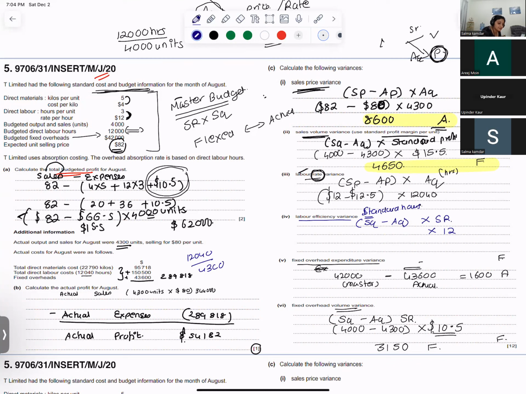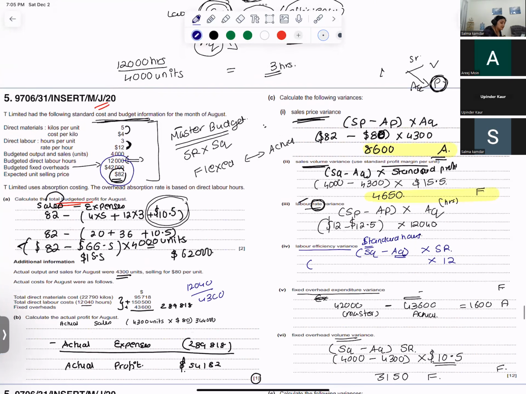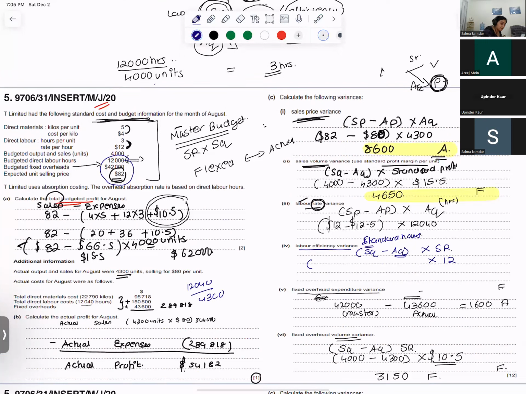Standard quantity would be the standard hours. And actual quantity would be the actual hours. Okay, so take per unit standard hour. What is per unit standard hour? 12,000 hours is the standard hours, but divide by 4,000. So your per unit standard hours is 3 hours.